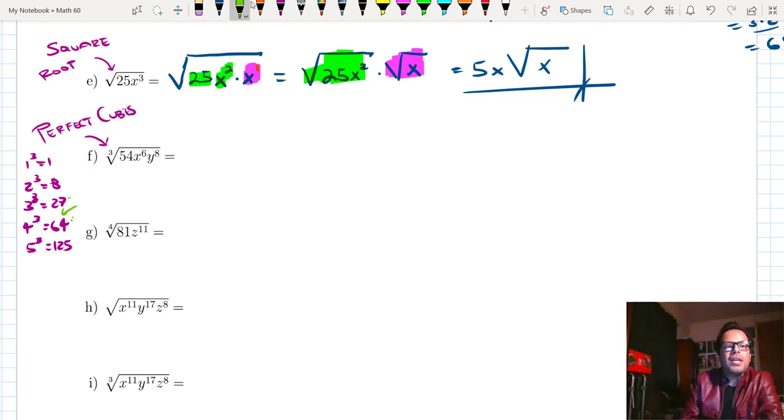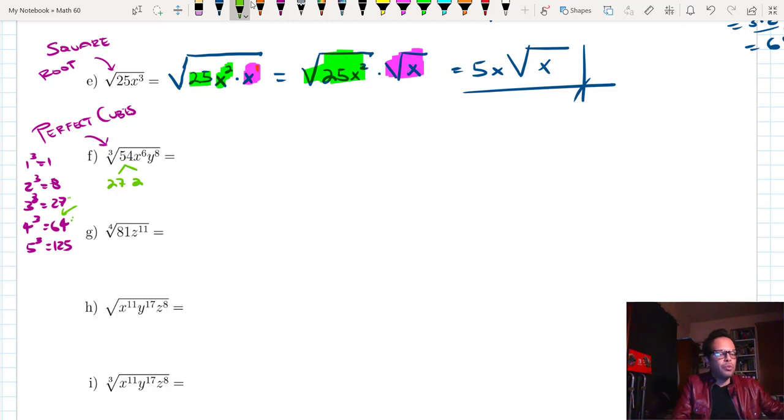So let's try. Notice the number 54 is an even number. Let's try dividing by 2. So 54 divided by 2, you might want to use your calculator, that's fine. That's 27 times 2.